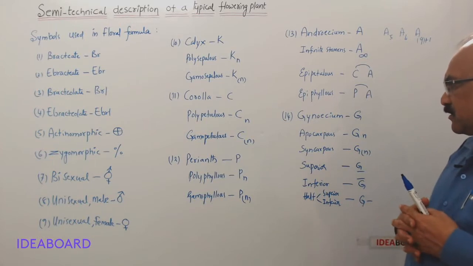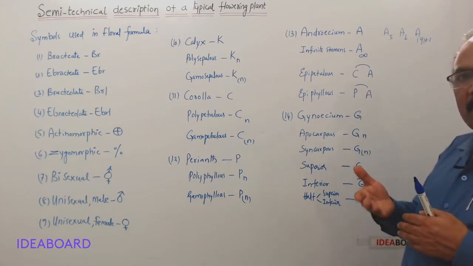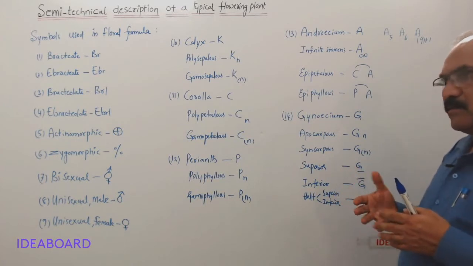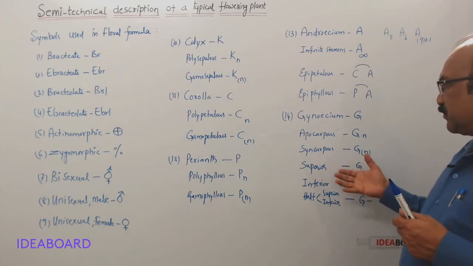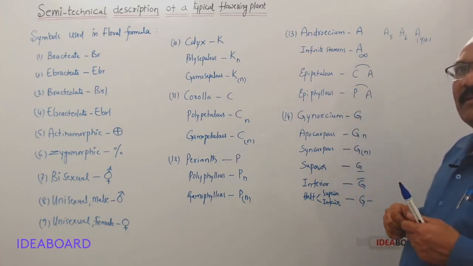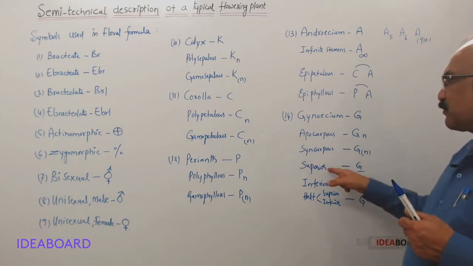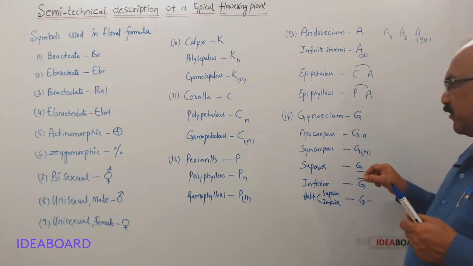Of course, you know, these flowers will be hypogynous, perigynous, or epigynous, depending on the position of the ovary. If the ovary is above and all the other parts are present below it, we describe that ovary as superior ovary. How do we represent that in the floral formula?